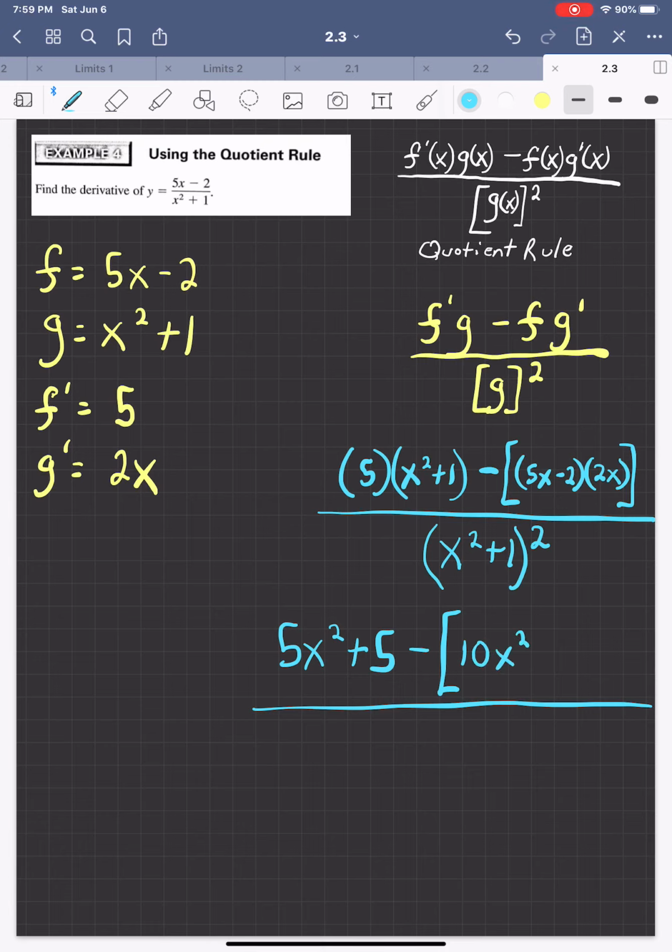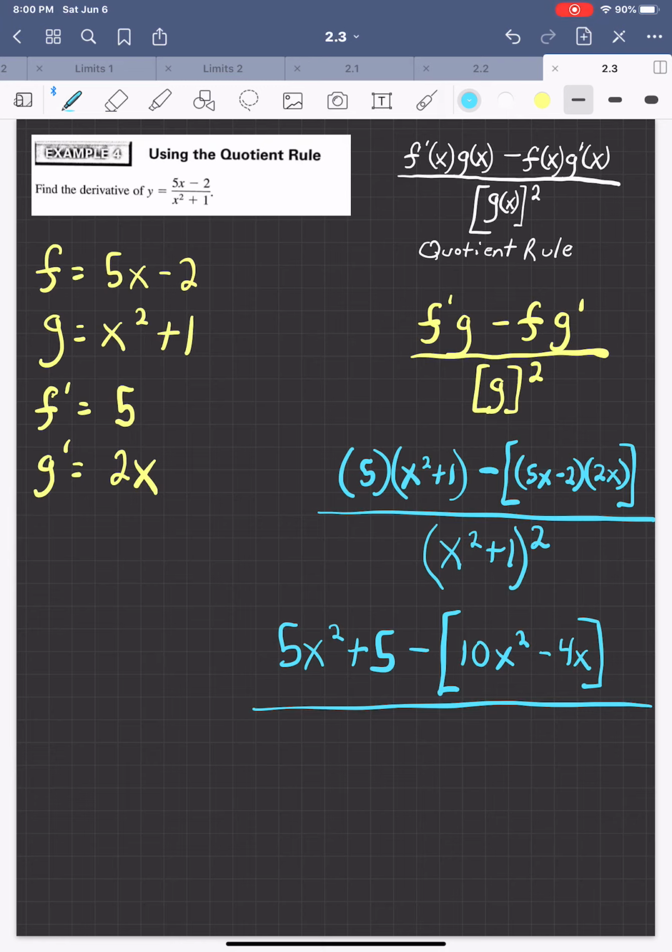And then I have, so it's 10x squared, and then that is a 2, correct? Yes, so negative 2 times 2x is negative 4x. Sorry, my eyesight went out for a second.